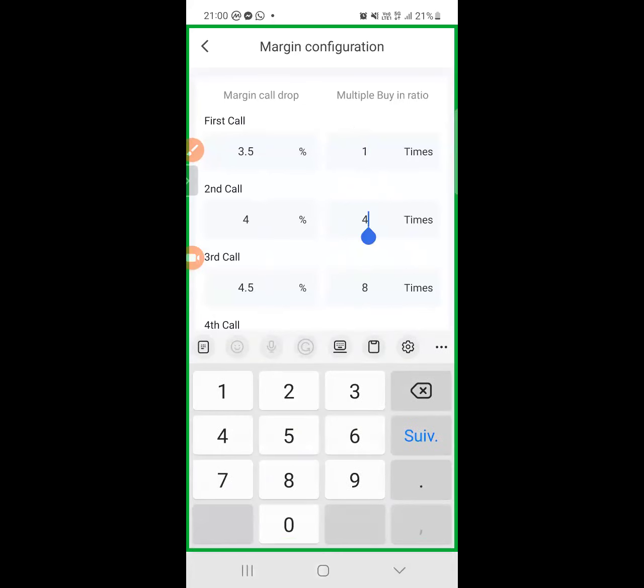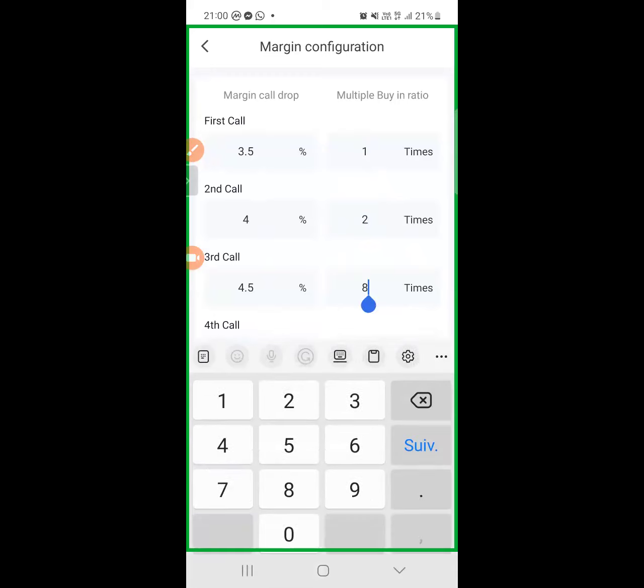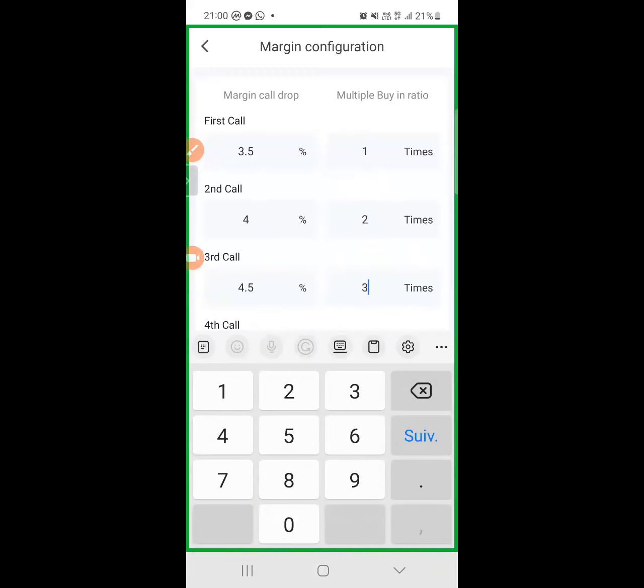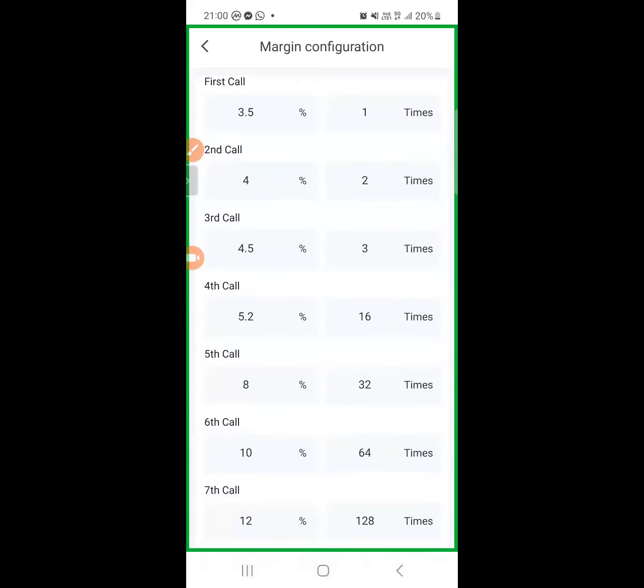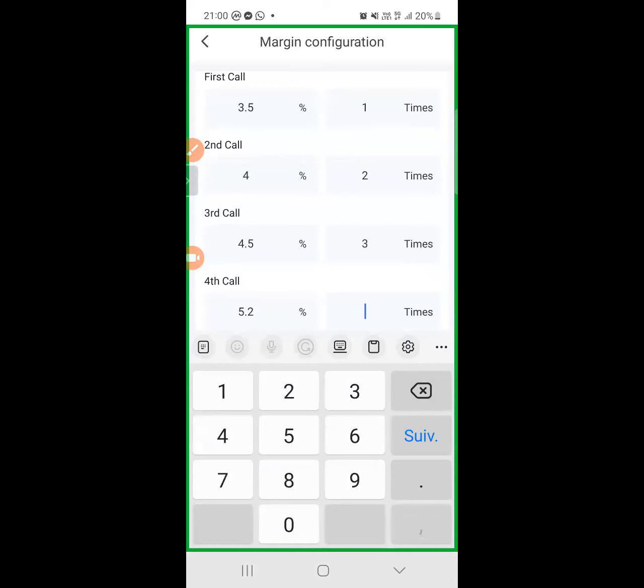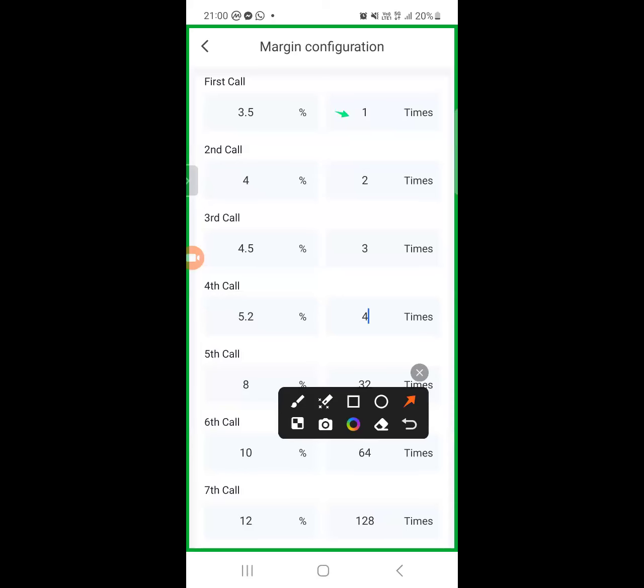Then the next buy, I'll add 1 on the 1. It will be 2 times, which is $20. The next one will be 3 times, which is $30. The next one will be 4 times, which is $40. So you see, this is what we call the 1+1. I add 1 here to get 2, 1 here to get 3, 1 here to get 4, 1 here to get 5.